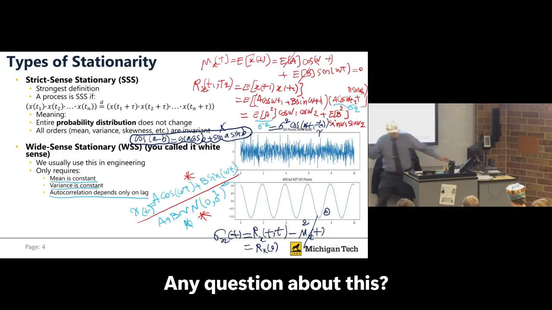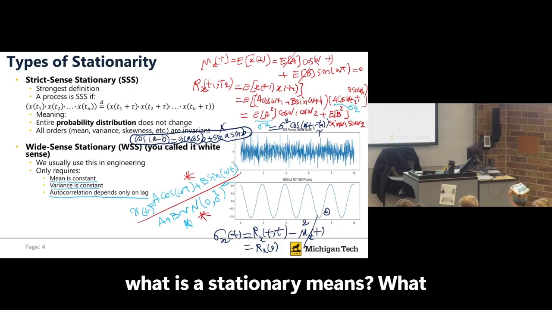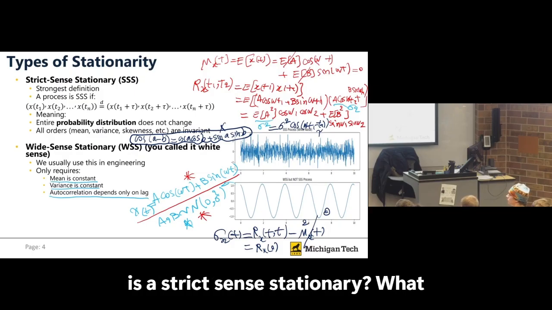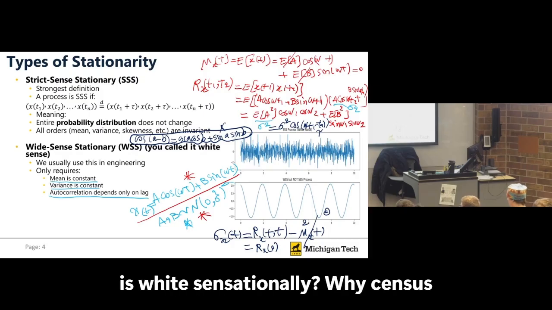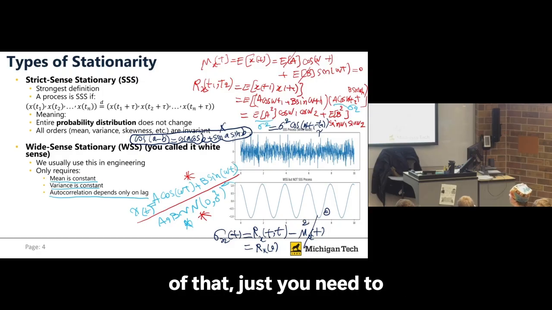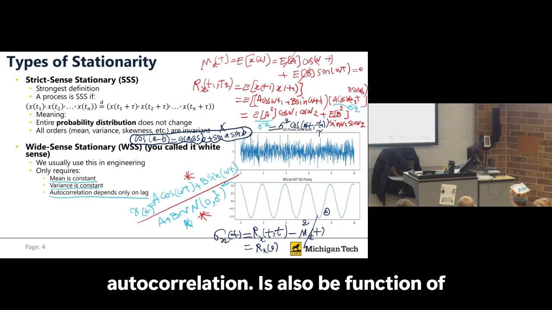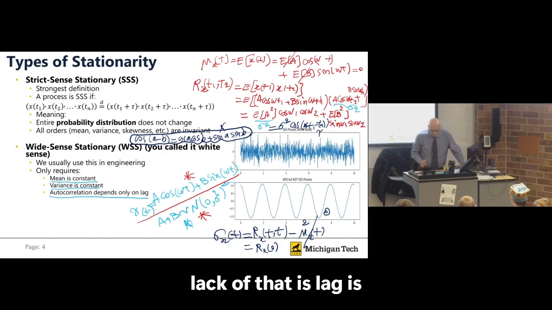Any questions about this? Did you get the main idea? What does stationary mean? What is strict sense stationary? What is wide sense stationary? Wide sense stationary is like a loose version of that. You just need to have two moments constant, and autocorrelation also be a function of lag.